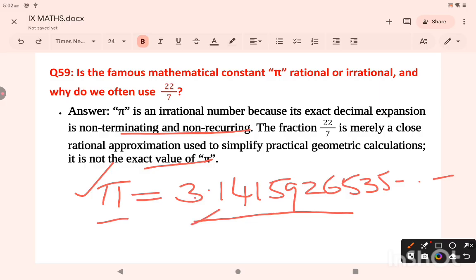Here 22/7 is an approximate value, that is not accurate. Therefore pi is irrational, because the accurate value of pi, that is its decimal expansion, is non-terminating, non-recurring.